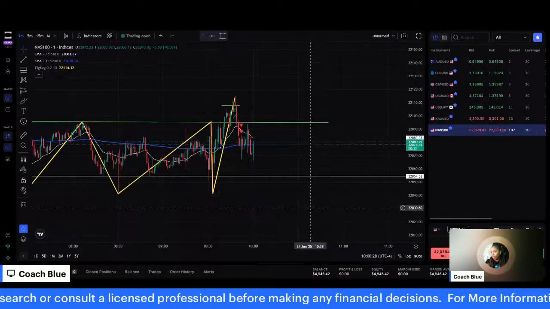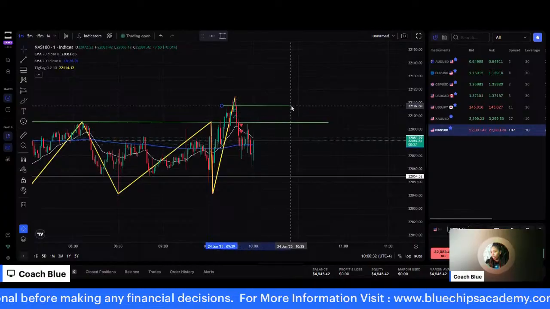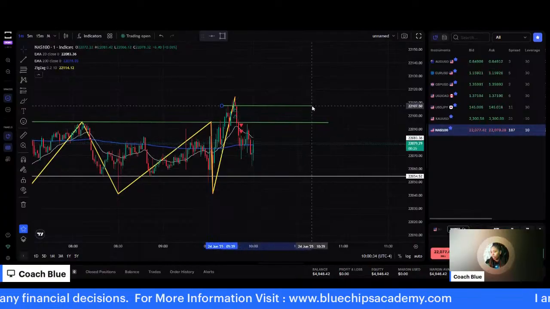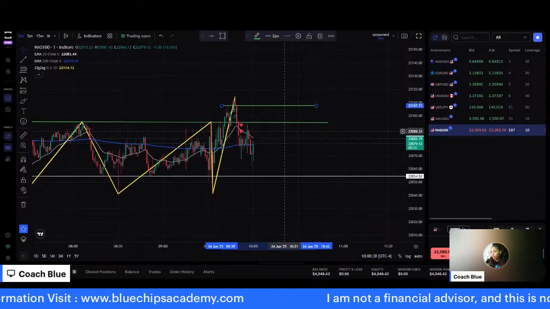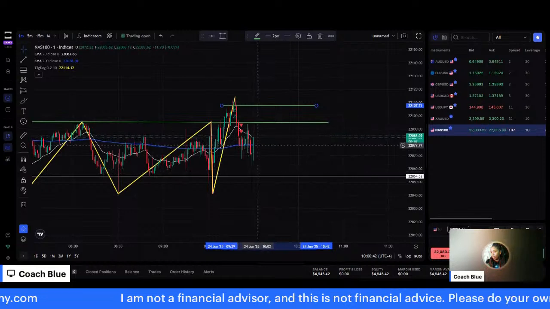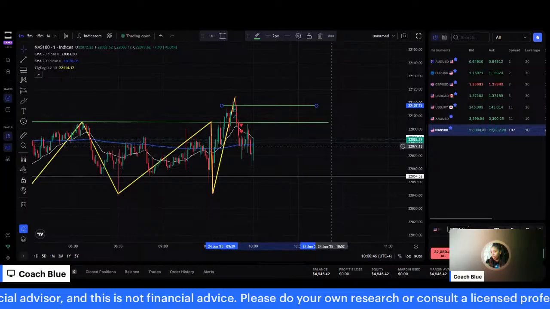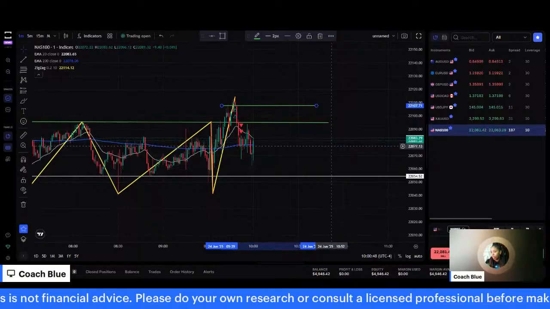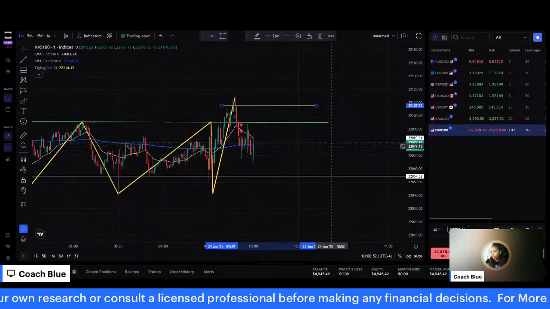It looks like we're trying to find some support. So we'll see if we get another crack at this level again. If we break past it, I'll get into another buy. This could have just been a deep pullback to break out some stops here to push price to the upside. So we'll see. We're going to let it come to us and go from there.